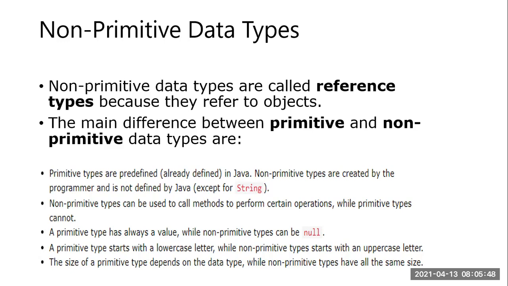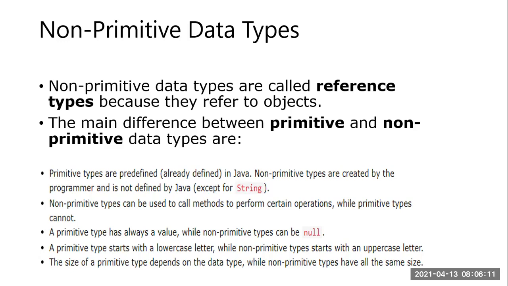Finally, I'm going to conclude: what is the use of a data type? It tells the type of a variable or a method, which type it belongs to. Data types have a particular size based on the usage.